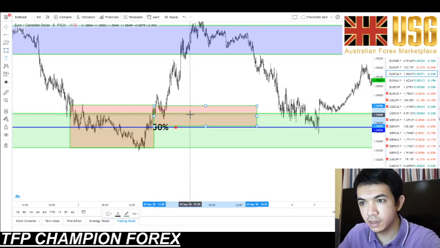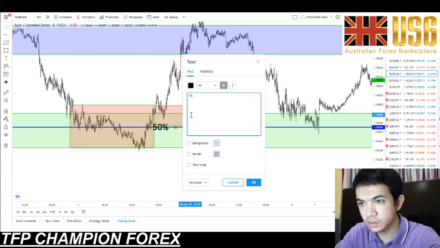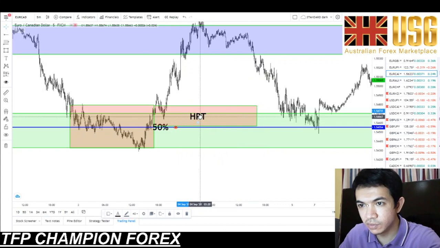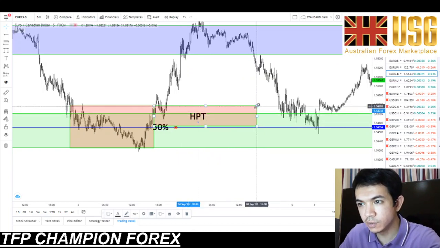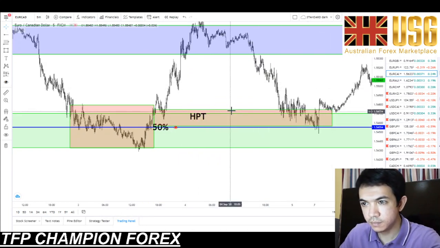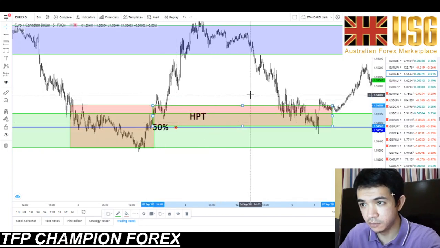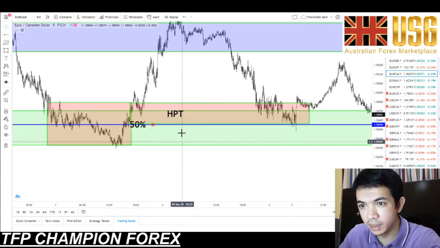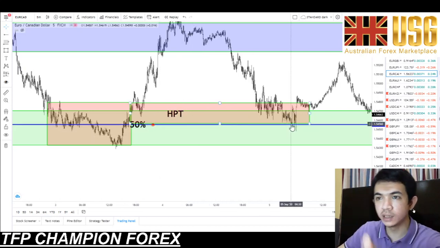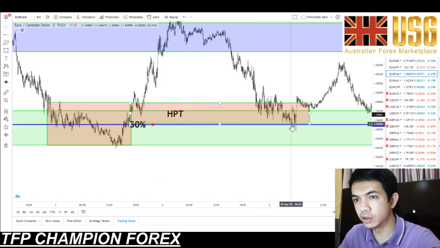So this is my trading opportunity or high probability trade zone. This 50%, alright? So we're dealing with the 50% level. So this is my HPT. If the market price goes beyond this 50%, definitely I will not eye a buy opportunity.